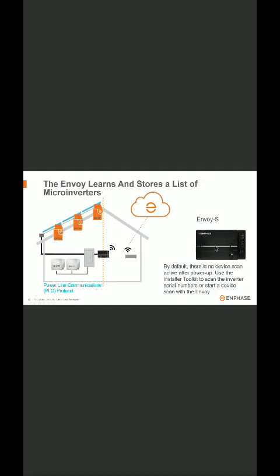But just to understand here, by default, when you power the Envoy, there are no devices inside it. So you have to run a scan in the installer toolkit. Okay, so you scan the inverter serial numbers, and those serial numbers are stored in the Envoy. So once they are stored, you don't have to do any rescan of that. Those devices' information is stored in the Envoy.